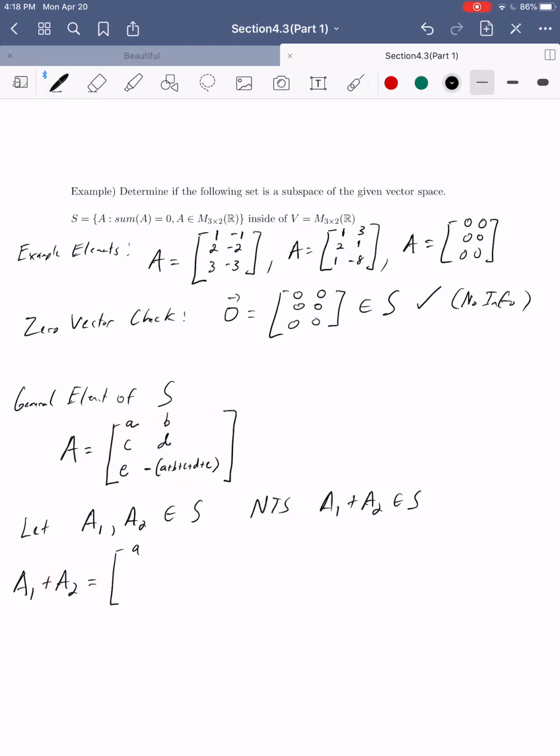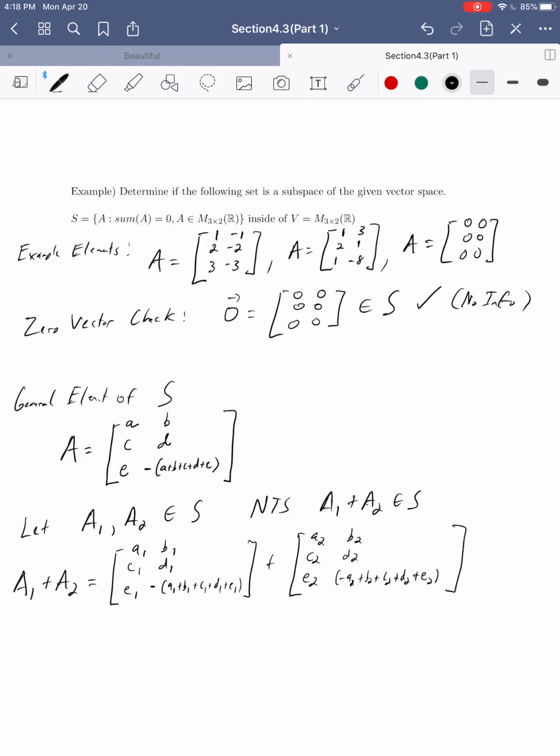So A1 is a1, b1, c1, d1, e1, and then negative (a1 plus b1 plus c1 plus d1 plus e1). And A2 would look the same, except everything would be 2s: a2, b2, c2, d2, e2, and negative (a2 plus b2 plus c2 plus d2 plus e2).